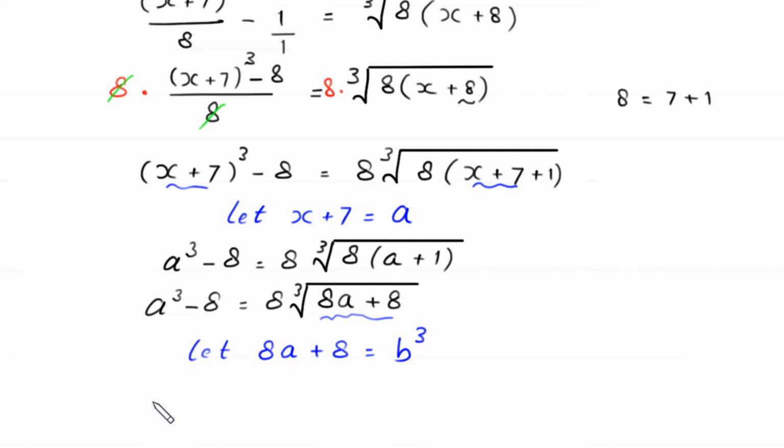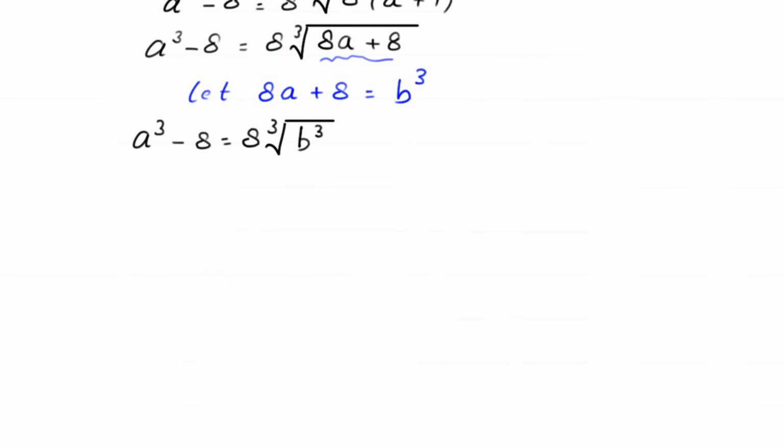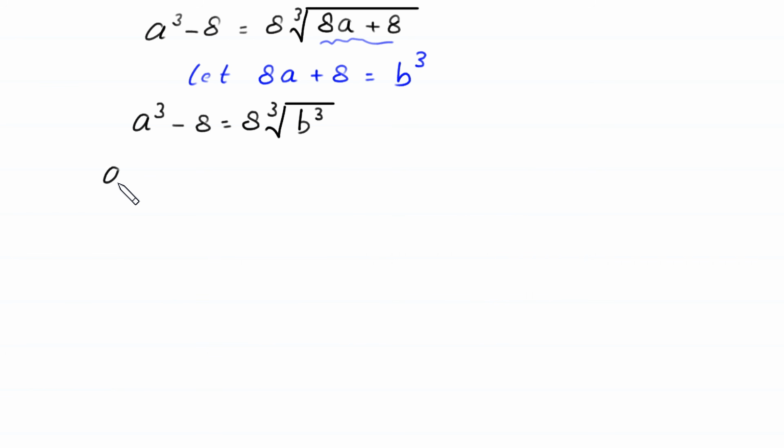Then this equation will become a cubed minus 8 is equal to 8 times cube root of b cubed. Next, a cubed minus 8 is equal to, this cube will be cancelled out with this cube root, and at right hand side we are left with 8 times b.